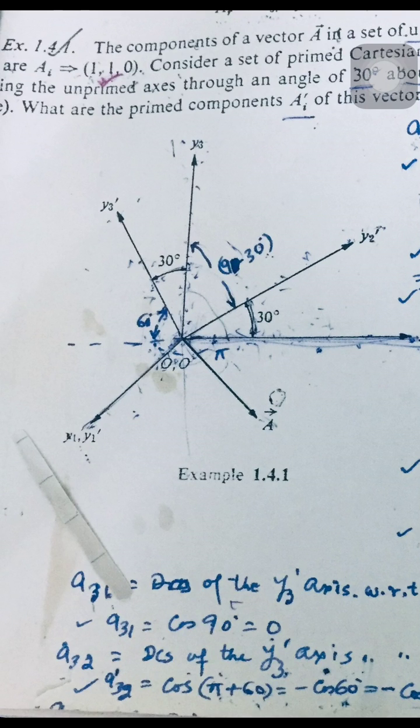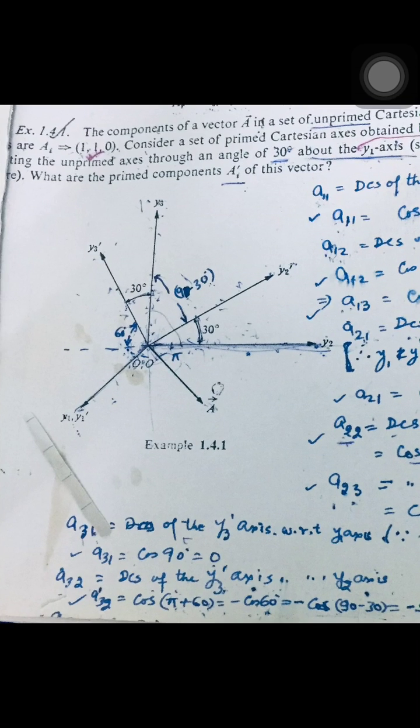You are seeing a diagram here. The vector is shown by the dark line, along with the two sets of Cartesian axes, y1, y2, y3 and y1 dash, y2 dash, y3 dash. What is important is that the rotation is about the y1 axis.